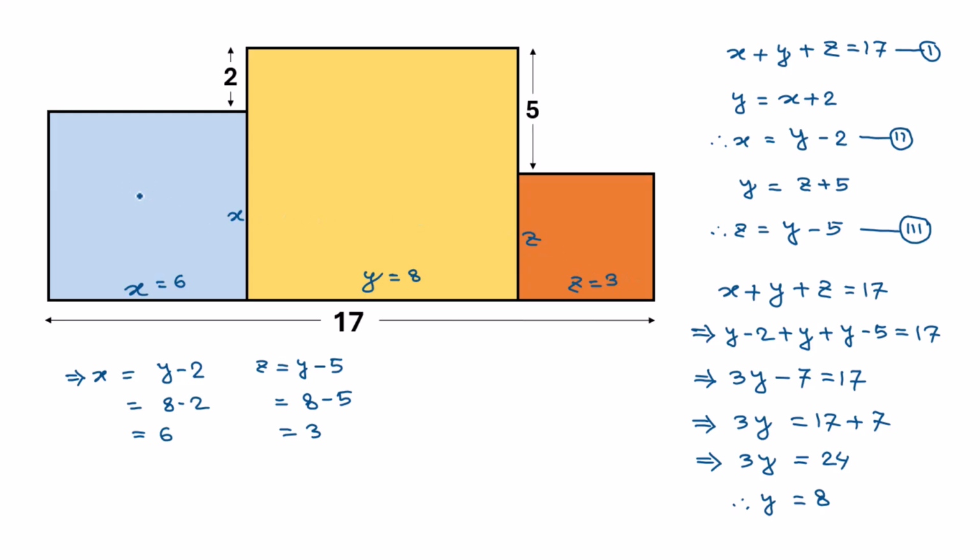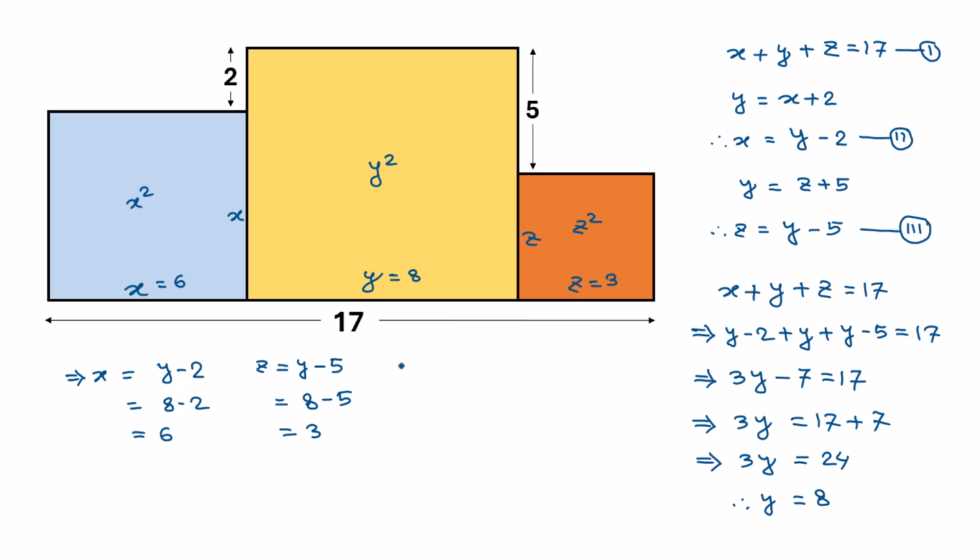Now the area of this square: the length is x, so the area will be x square. The length of this square is y, so the area will be y square units. The length of this square is z, so the area will be z square units. So the total area of these 3 squares will be x square plus y square plus z square.